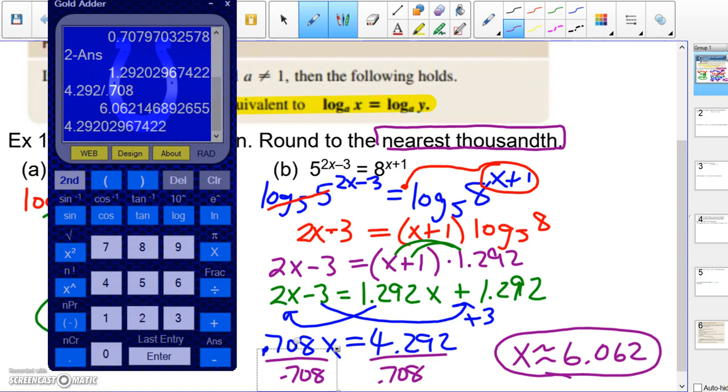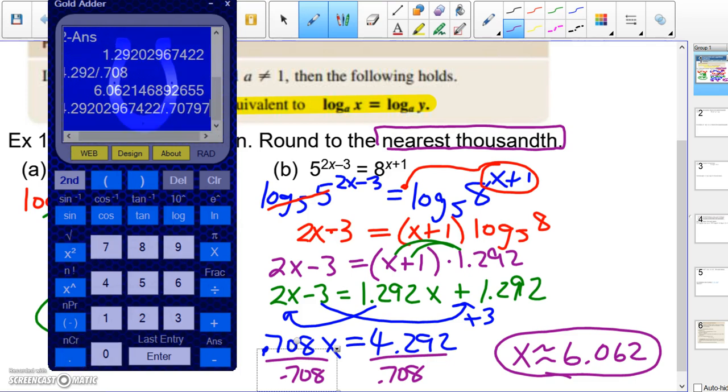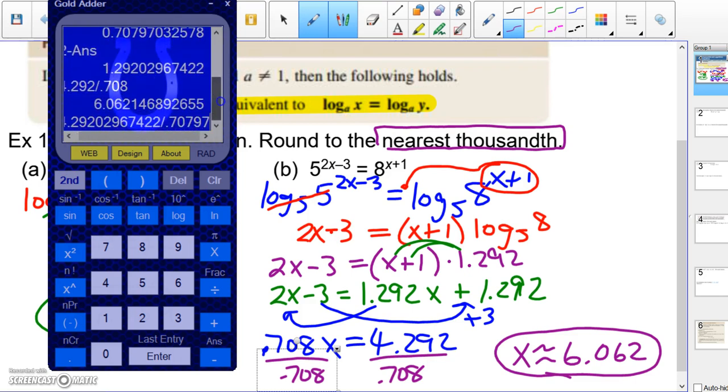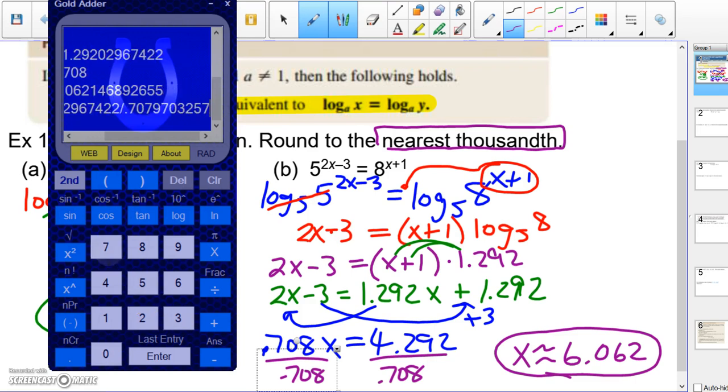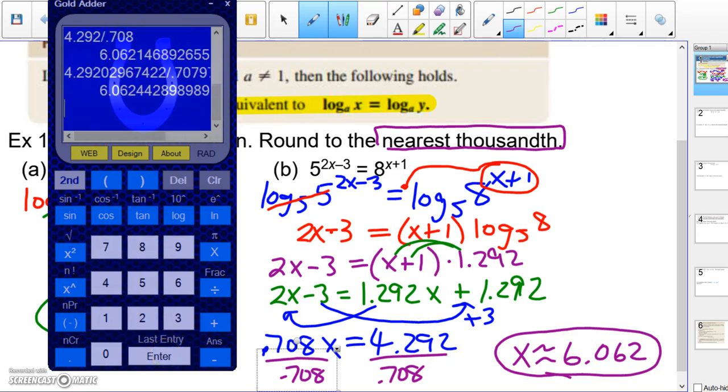From above, I took that 1.29 number and added the 3, and then divided by the 0.70797, the number that you'd see right there. That way we don't have to round. And so sometimes you could run into a rounding error on this last decimal place, so you got to be careful with the rounding. So I'd probably recommend keeping more than just the 3 decimal places.